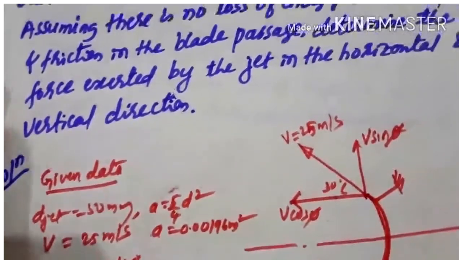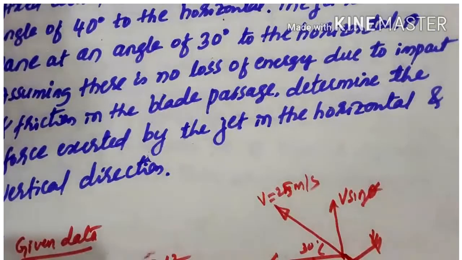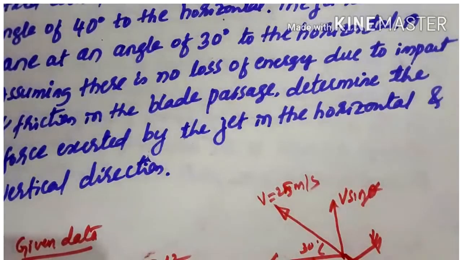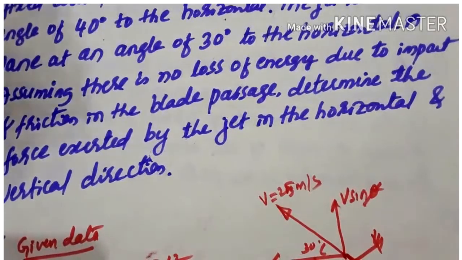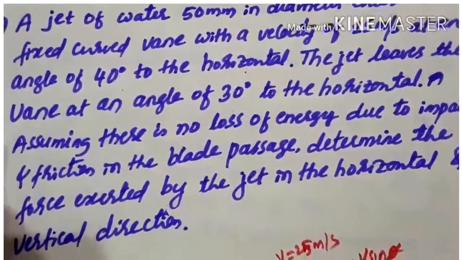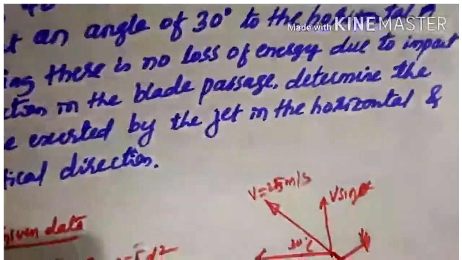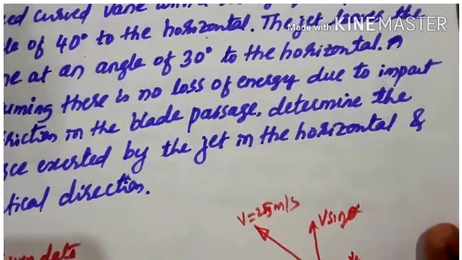Very simple, and here you have to remember only the equations, whether it is for the stationary case, whether the jet is striking at the center, and how it is leaving the vane, whether it is making some angle or it is entering, at what angle. You have to identify those things, write the given data and calculate the force exerted by the jet. Okay, so I hope you understood these problems.